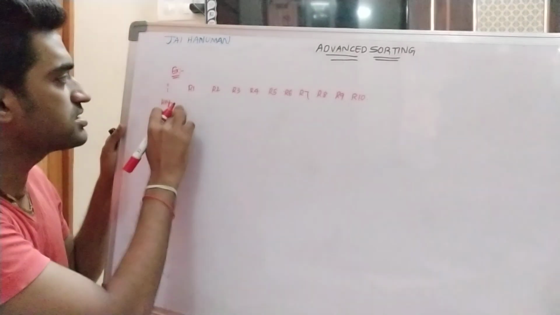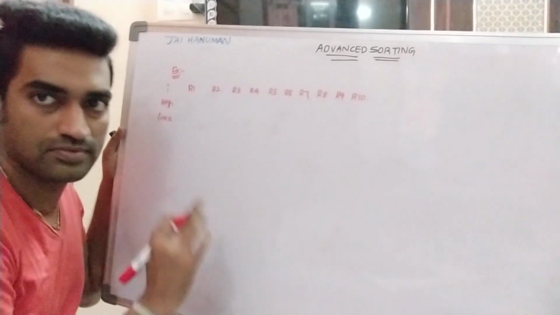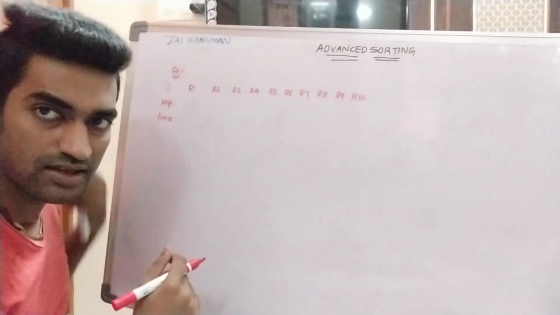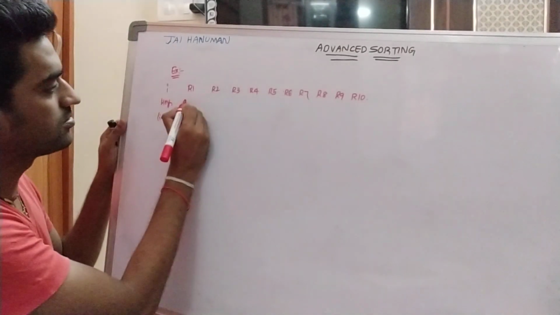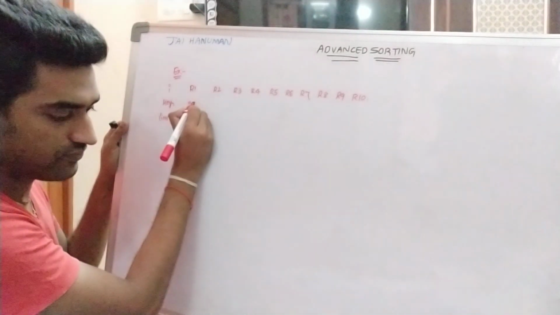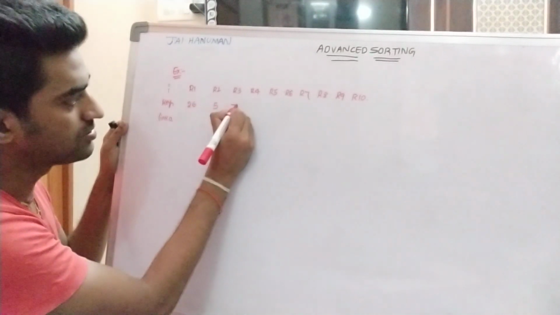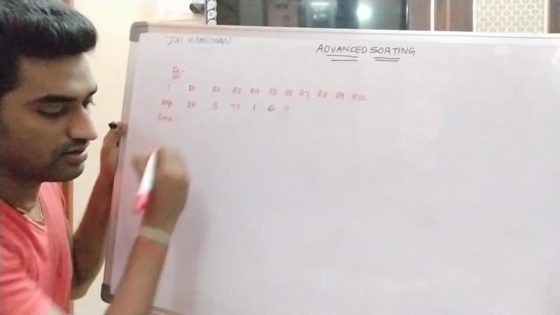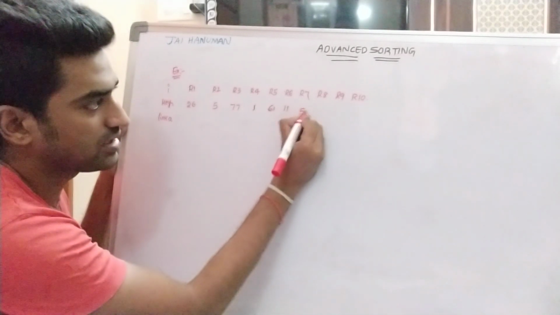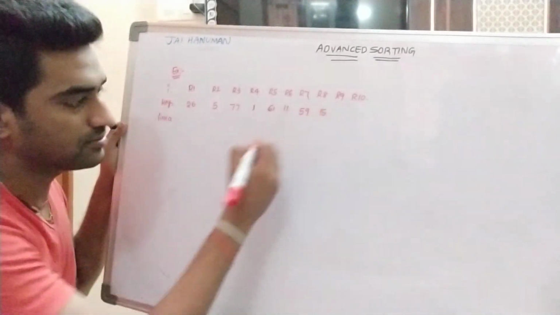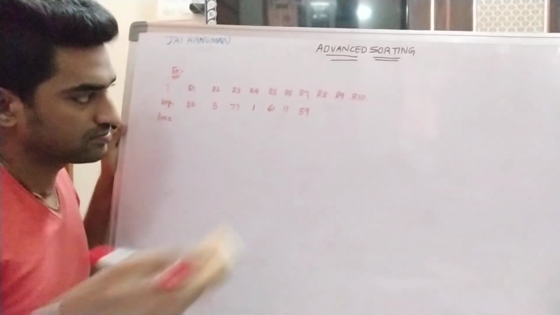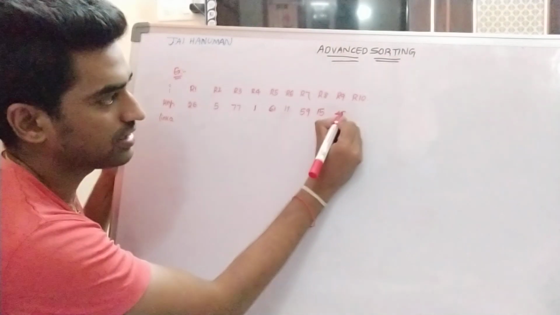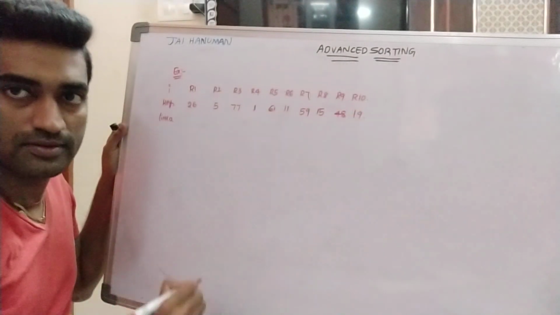So what are the key elements that are presented in these records? Key elements are nothing but the list of elements in the array. Here I am taking 26, 5, 77, 1, 61, 11, 59, 15, 48, 19.